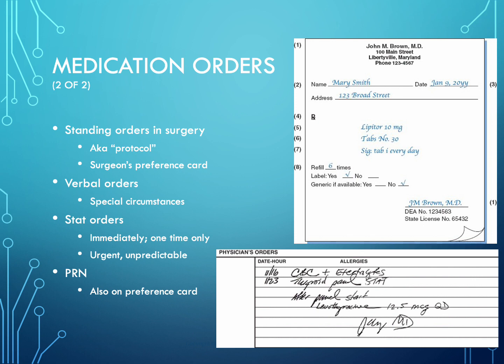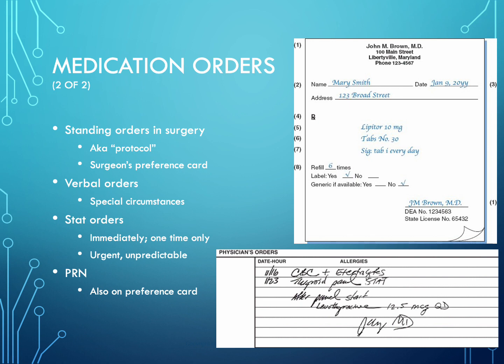So for example, Dr. Vigil. Dr. Vigil is a peripheral vascular surgeon. His unique preference card for abdominal aortic aneurysm repair calls for 5,000 units of heparin, remember, which is an anticoagulant, in 1,000 mLs of sodium chloride solution, which is saline, and he wants this used for topical irrigation.